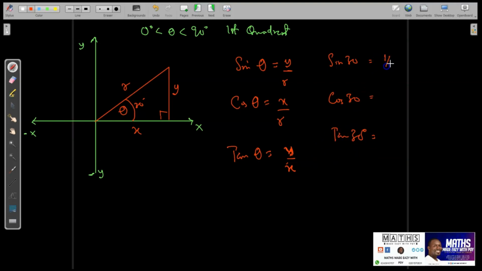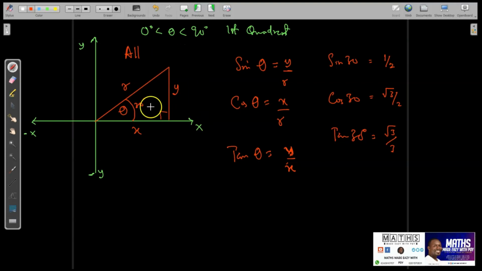So we had sine 30 as half, cos 30 was root 3 on 2, and tan 30 was what? Root 3 on 3. Do you see that all of them are positive numbers? So it confirms that in the first quadrant, all the trig ratios are positive.